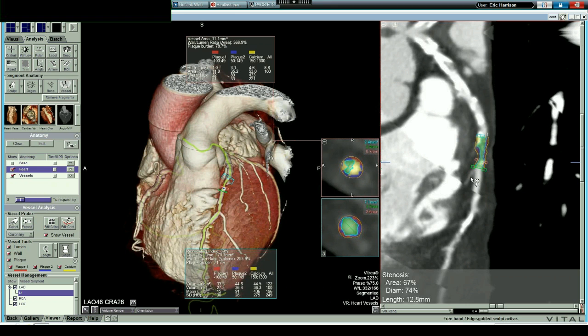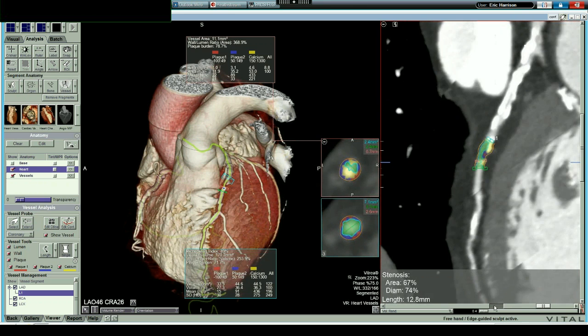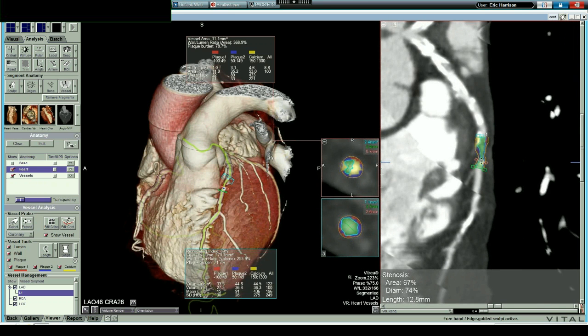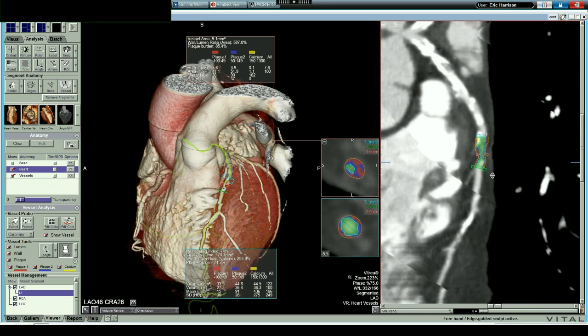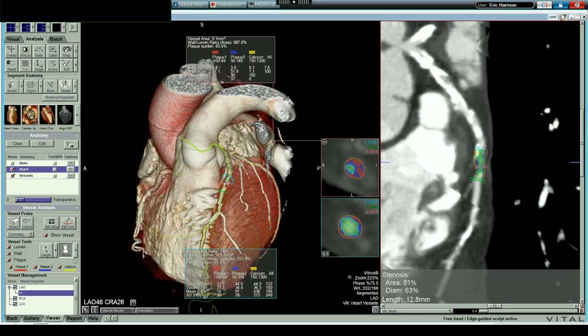We don't want to include that branch, so it looks like in that particular place 74%, and let's go down. It's got that piece of calcium in it that's messing it up, so let's go down in here, 63%. So I think this is more accurate when we're down in here, and I think the highest I got in there was 68% when we did these measurements, and it's usually pretty reproducible.